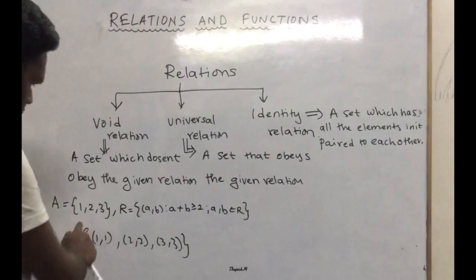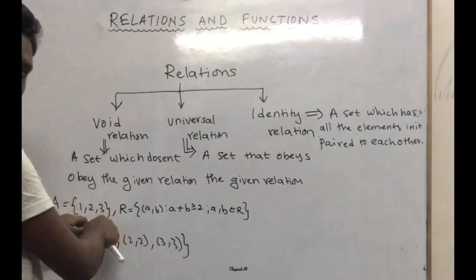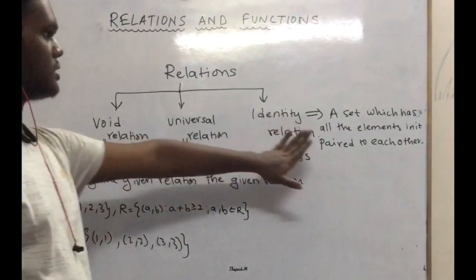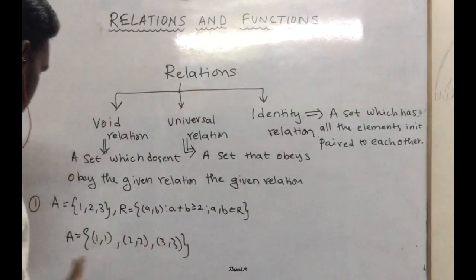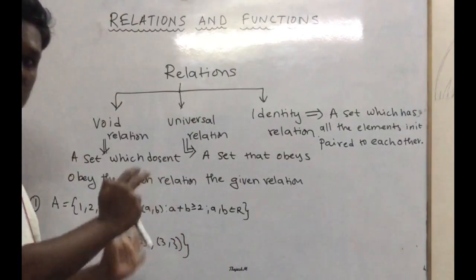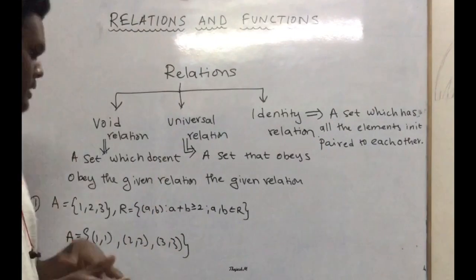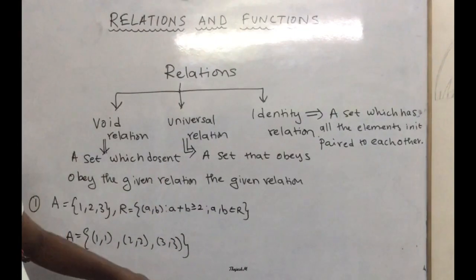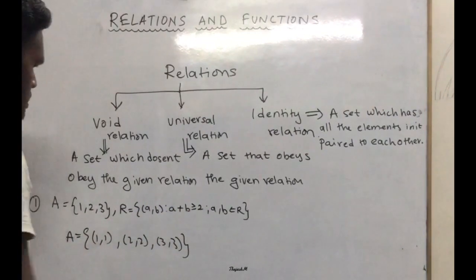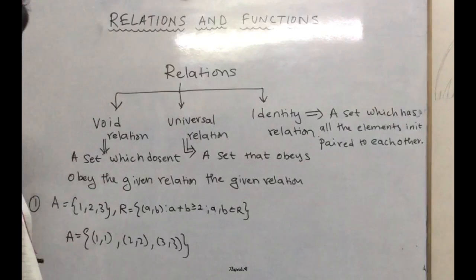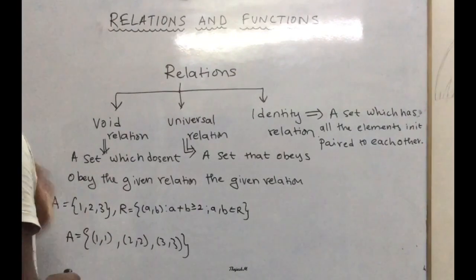All these elements are there in set A. Am I right? 1 is there over here, 2 is also there, 3 is also there. So identity relation is a set which has all the elements paired to each other in the set. It must not contain extra elements or fewer elements. It must have exactly these elements. So this will be a identity relation.